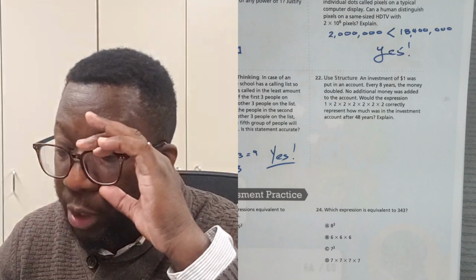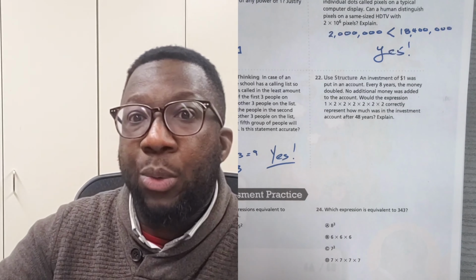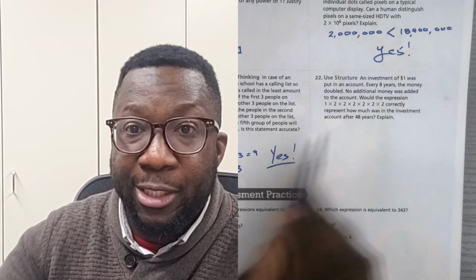Explain. Well, because 48 divided by 8 is equal to 6, the account would have doubled 1, 2, 3, 4, 5, 6 times. And so the product doubles 6 times in our expression. So yes, this would be true to represent what happens to $1 after 48 years.